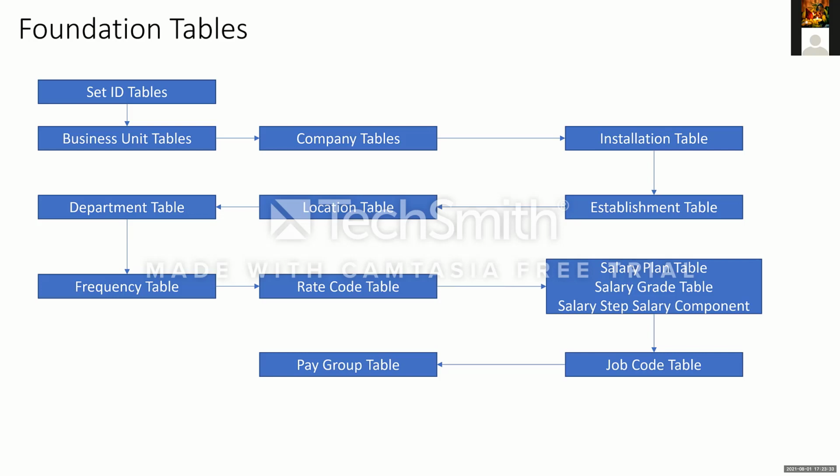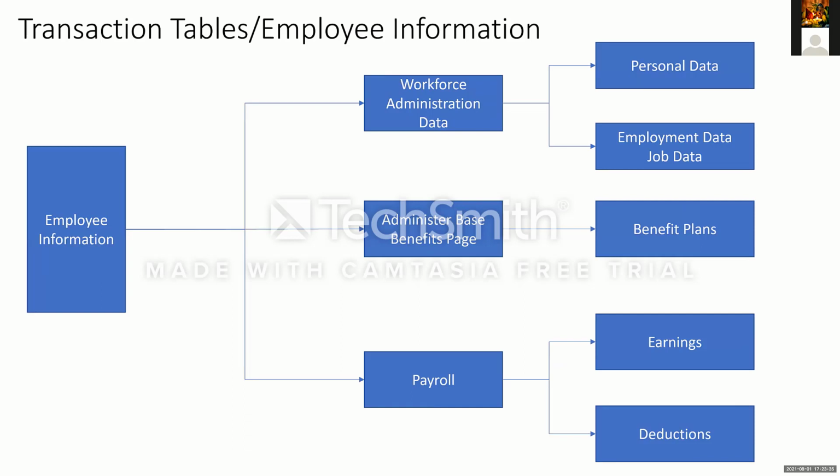Now comes employee information or transactional information. If you see on the left hand side, it is employee information. Now the first one which we will be going through is workforce administration data. This workforce administration data has two components: personal data and employment data or job data. Then comes administer based benefits page.